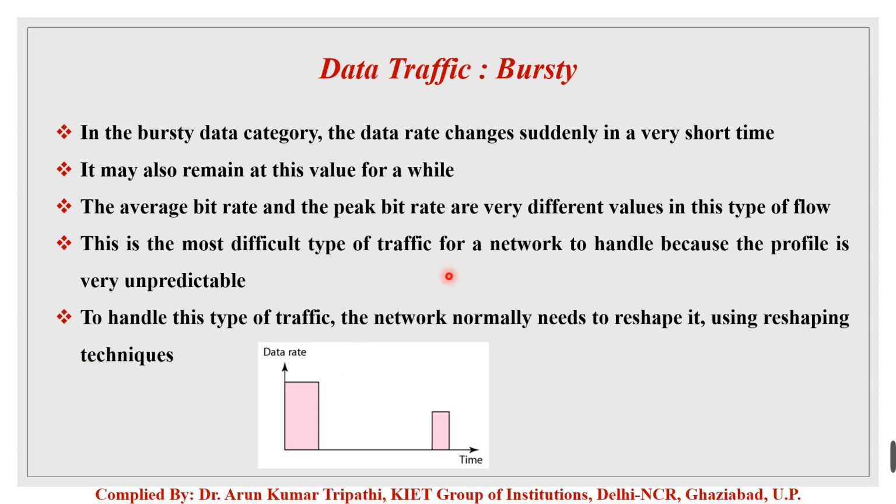This is the most difficult type of data traffic for the network to handle, because the profile is very unpredictable. The network does not know when data will arrive, when data will not arrive, and how much data will arrive. To handle this type of traffic, the network normally needs to reshape it using reshaping techniques.